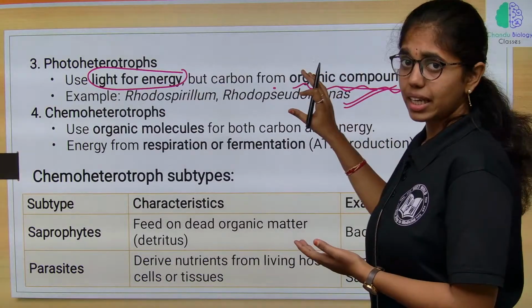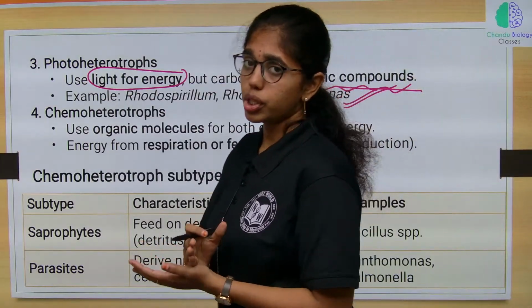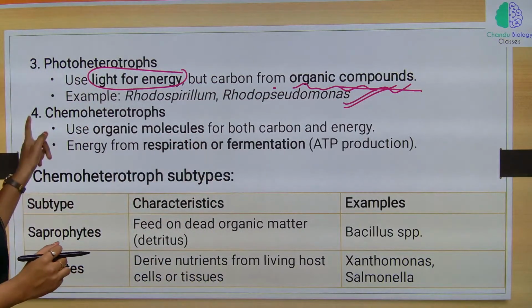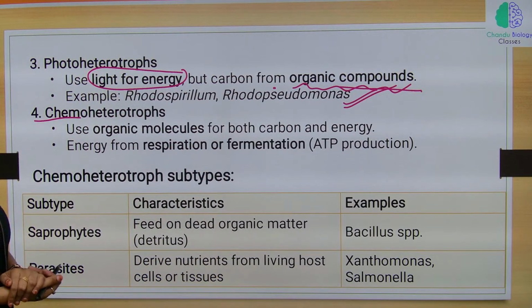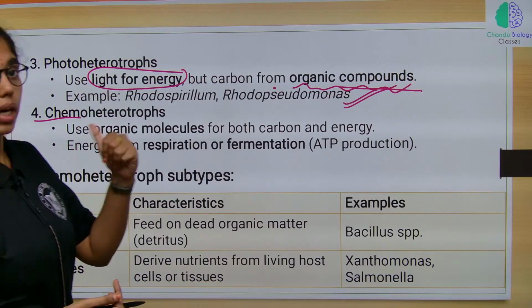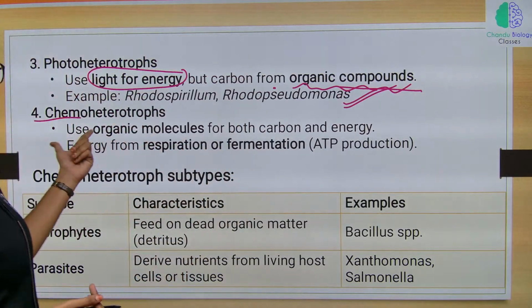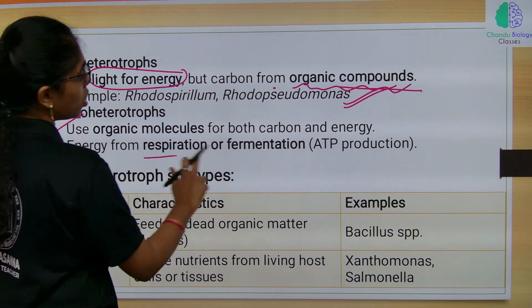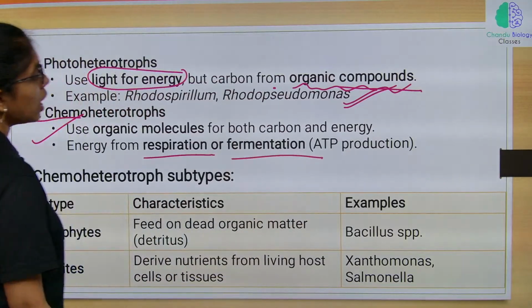In all the scenarios, the mode of nutrition and its example is very much important. And then chemoheterotrophs, they use organic molecules for both carbon and energy.